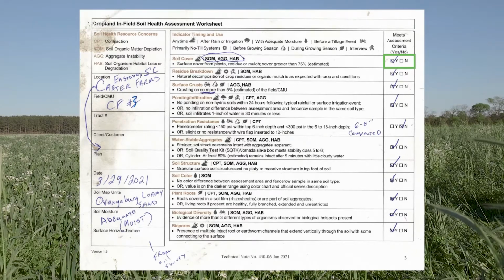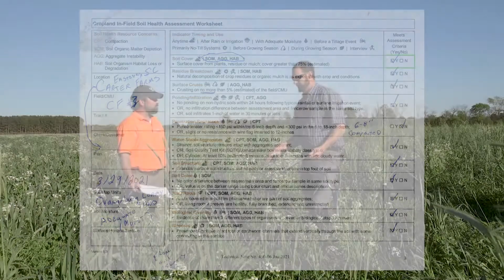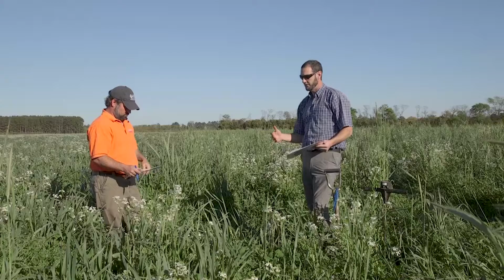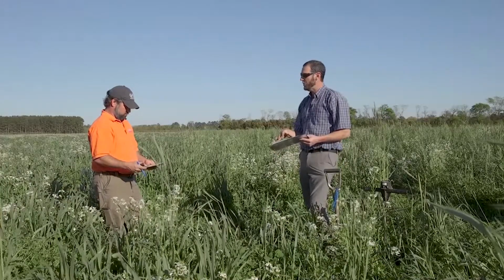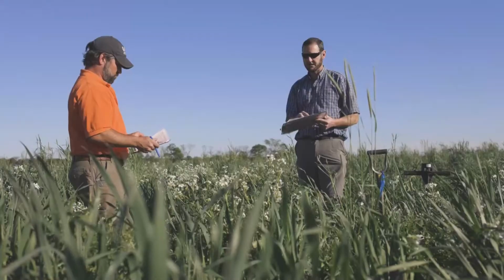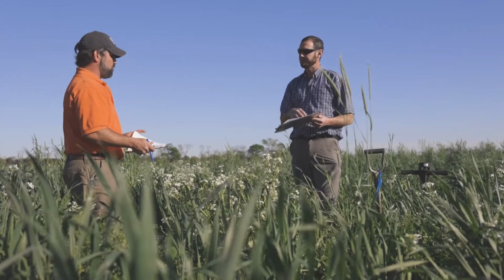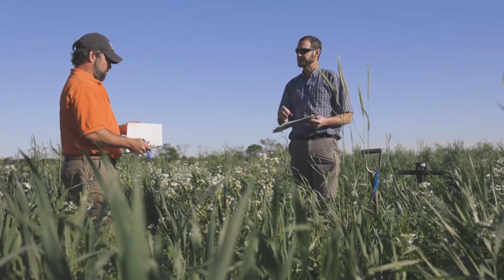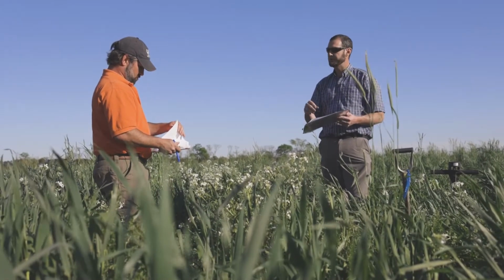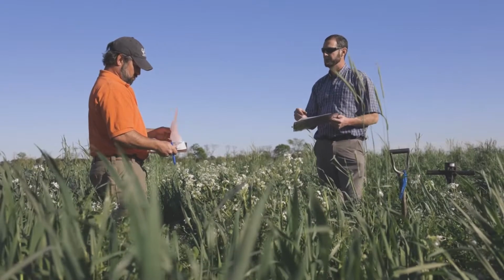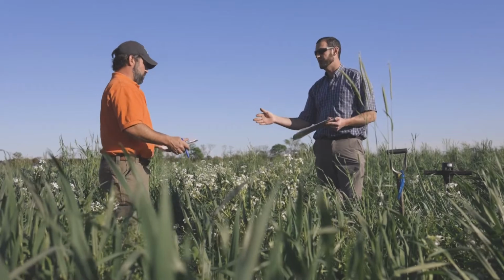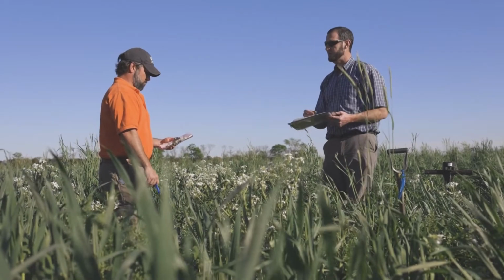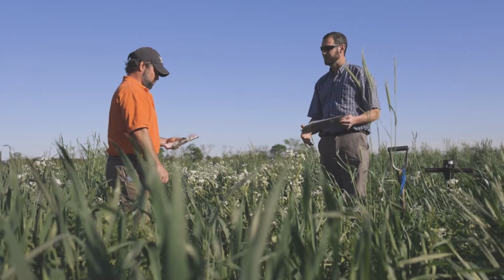We're in a situation where we have a lot of cover here, but we may be doing this assessment on areas where there is not this much cover. If we need more specific guidance on completing that indicator, we can go back to the full tech note, which gives pictorial data of different amounts of residue represented by 25%, 50%, 75%, up to 100%, and you can compare those photos to what you're seeing in the field.